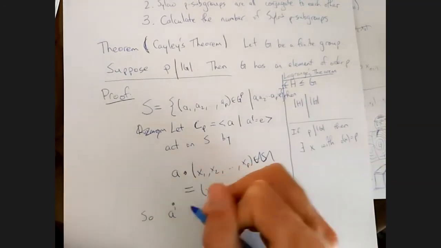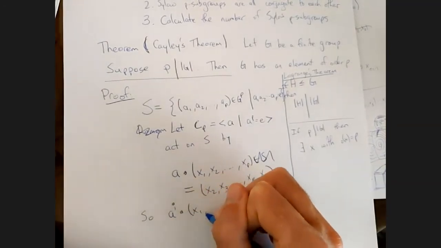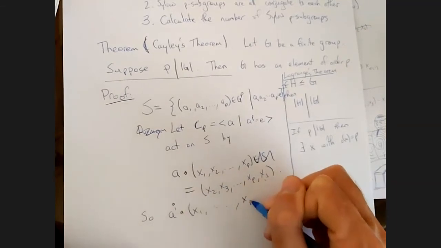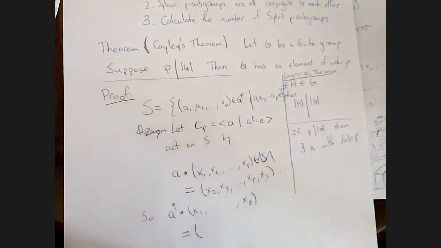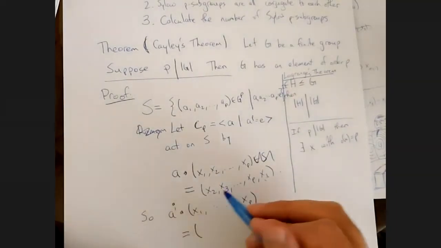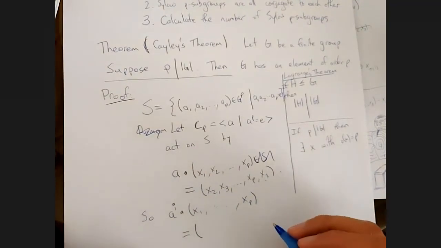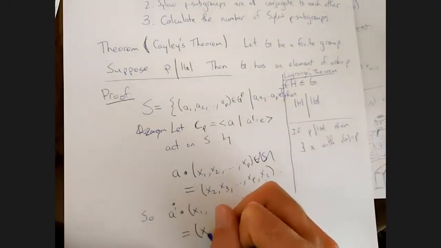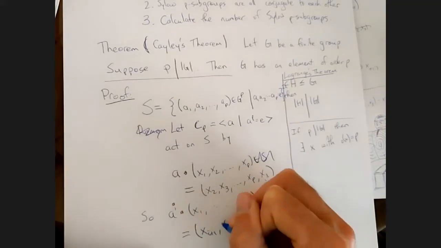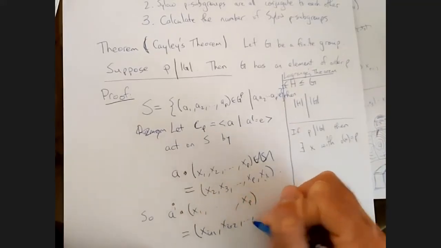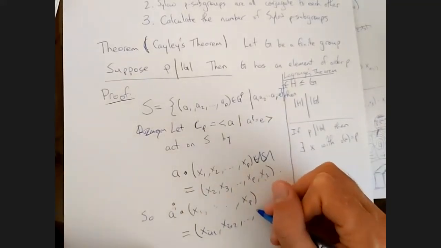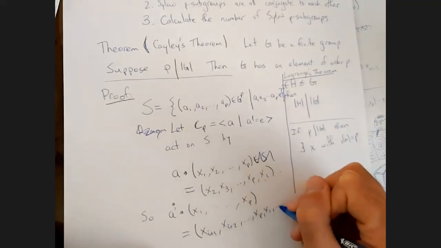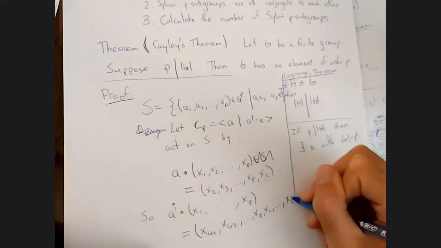So a to the i times (x1 up to xp) is just, well, you shift everything over i times. So you have x_{i+1}, x_{i+2}, and then at some point you have xp and then x1, and then the last one is xi.